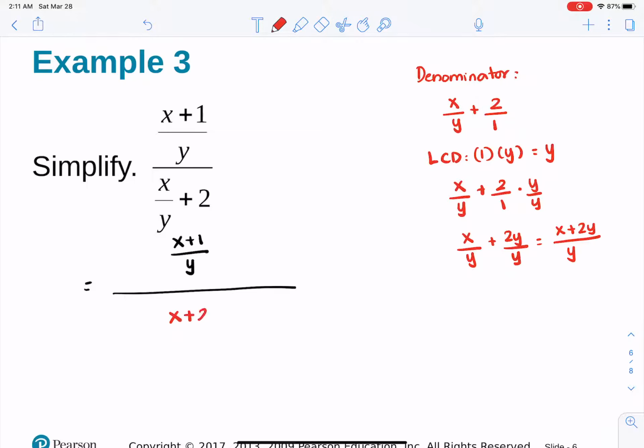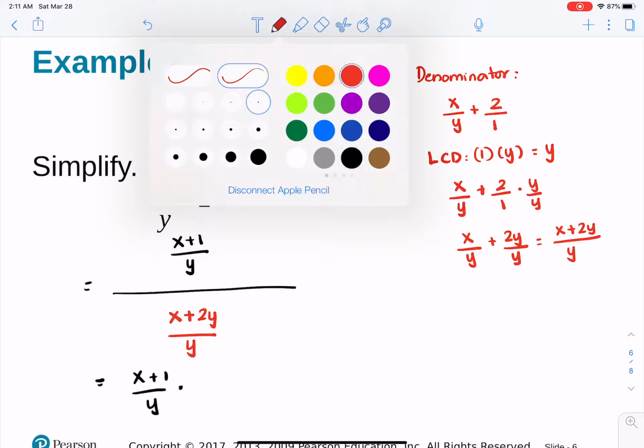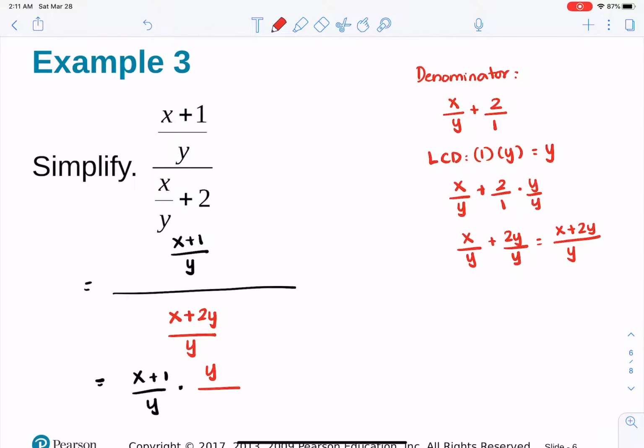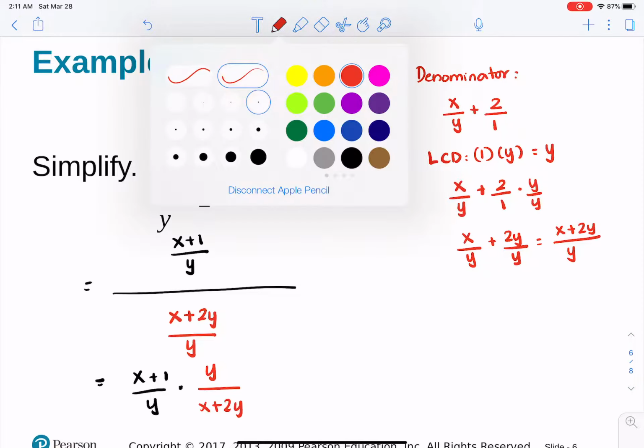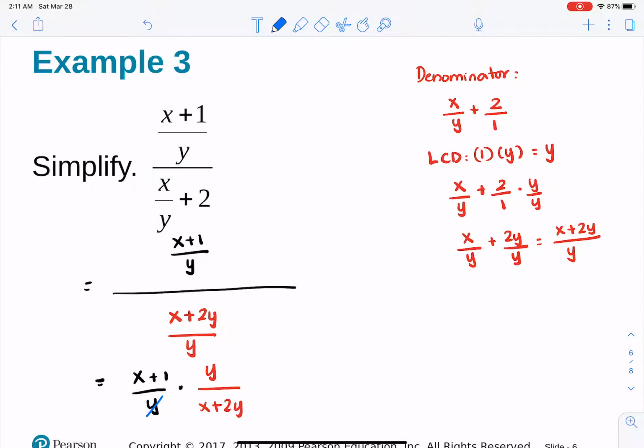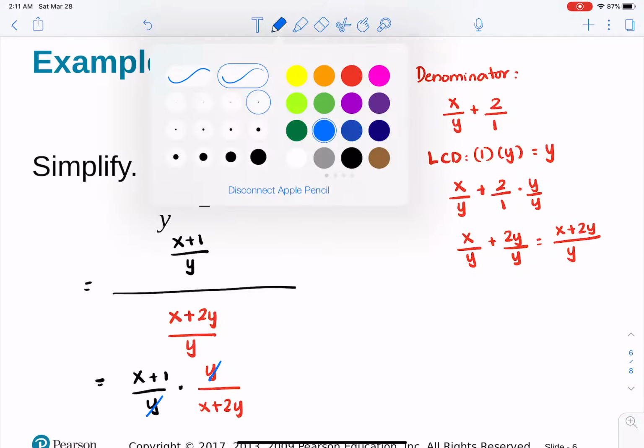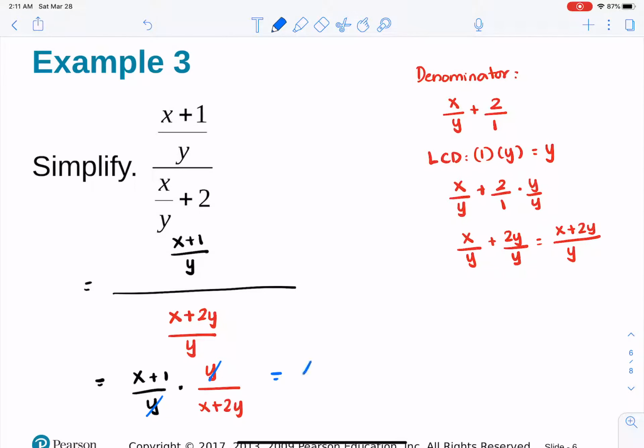So here I would have x plus 2y over y. Now we have to flip and multiply, so x plus 1 over y times, flip the denominator and multiply, and we have y in common, so we can cancel that. So the final answer would be x plus 1 divided by x plus 2y.